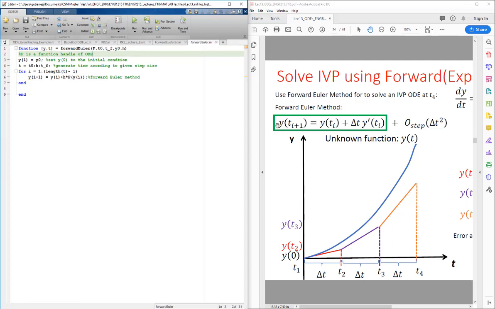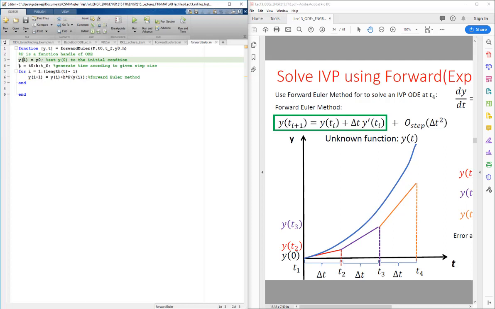The forward Euler method is y of t_i plus 1 is equal to y of t_i plus delta t times f of t_i. So what we can do is set our initial value y of 1, and in many textbooks you'll see this as i equals 0, but since MATLAB is indexed from 1, I'll set y of 1 equal to y naught, or y at t equals 0.